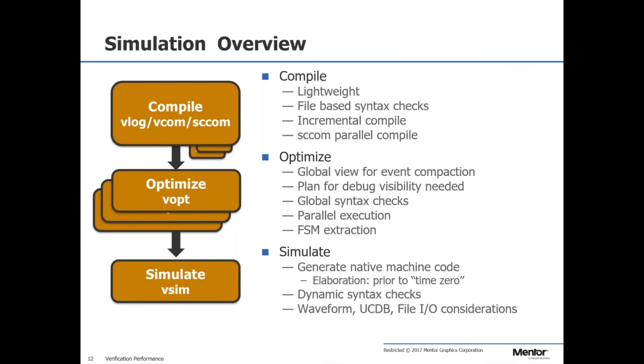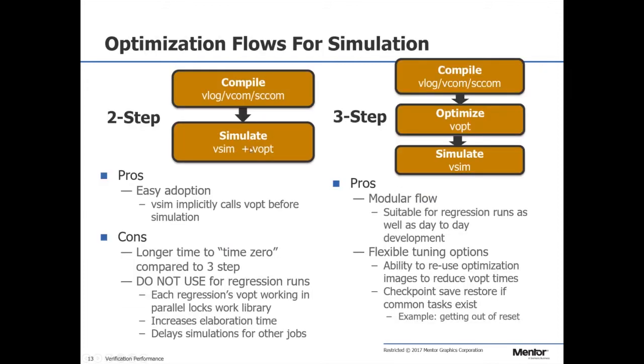Now, some of you may not even know that that optimization goes on, and you may be doing this two-step flow where you just do your compiles and then you say vsim and you start to simulate and don't even realize that the vopt step is going on.